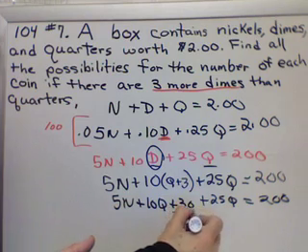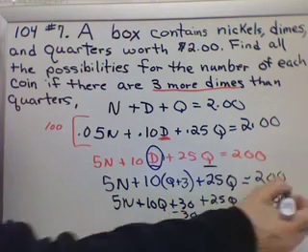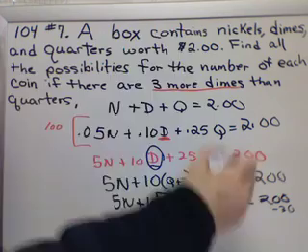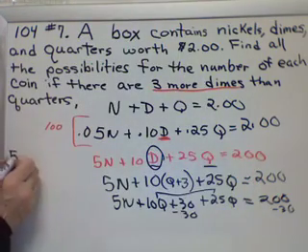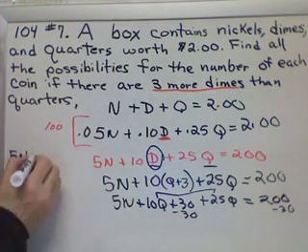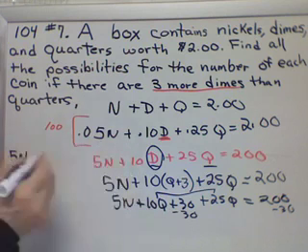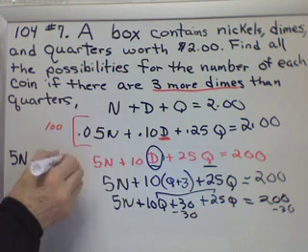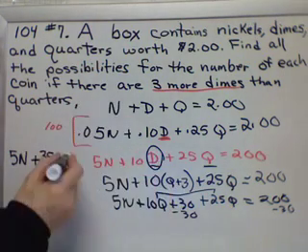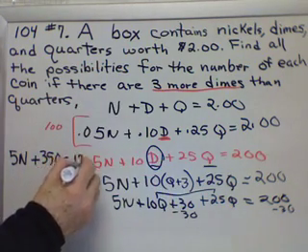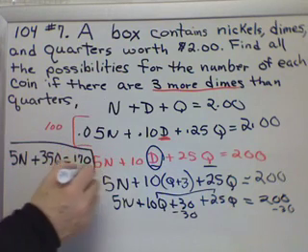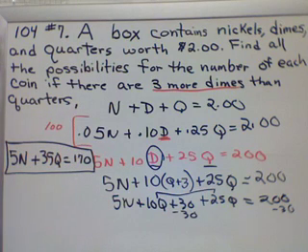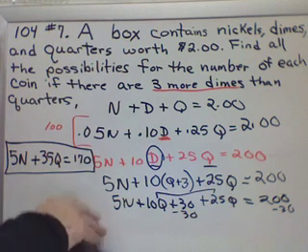We're going to subtract the 30, and we're going to add the quarters together. So my new equation is going to be 5n plus 35q equals 170. And that is the equation that will give me the number of each coin if I can figure that out.